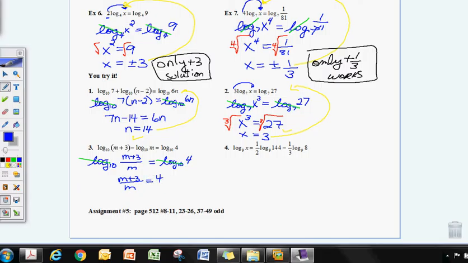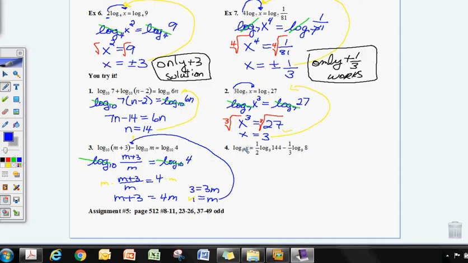Now, I am going to get rid of that m on the bottom. I'm going to multiply each side through by m. And when I'm done, m plus 3 would equal 4m. Working that out, 3 would equal 3m. 1 equals m. Got to do a quick check. It works. Last one.